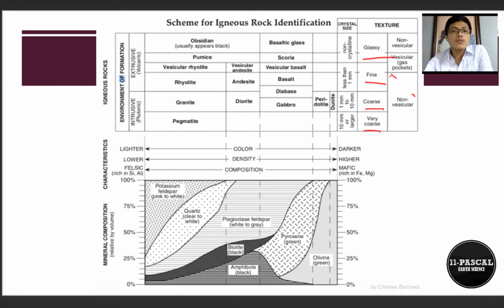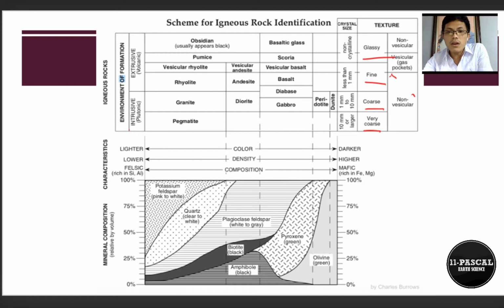So if you're going to look at the different types of igneous rocks here, you can see that we have obsidian. These are glassy in appearance. The pumice, the rhyolite, granite, pegmatite.